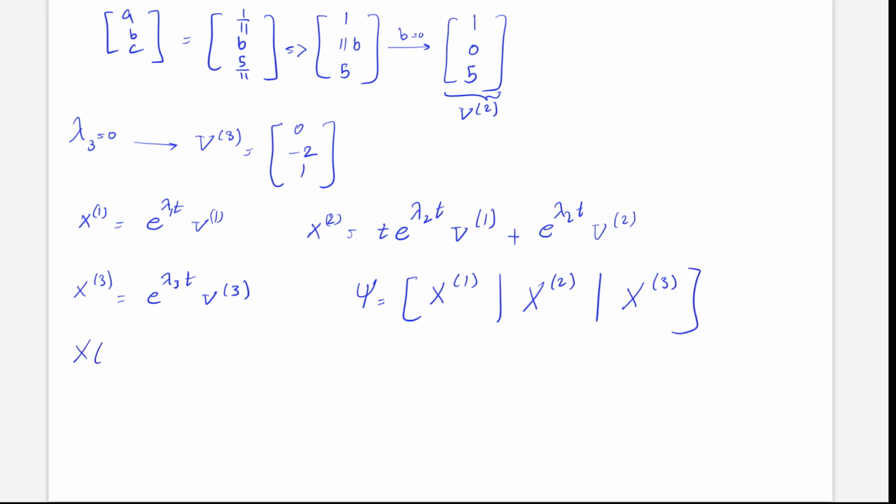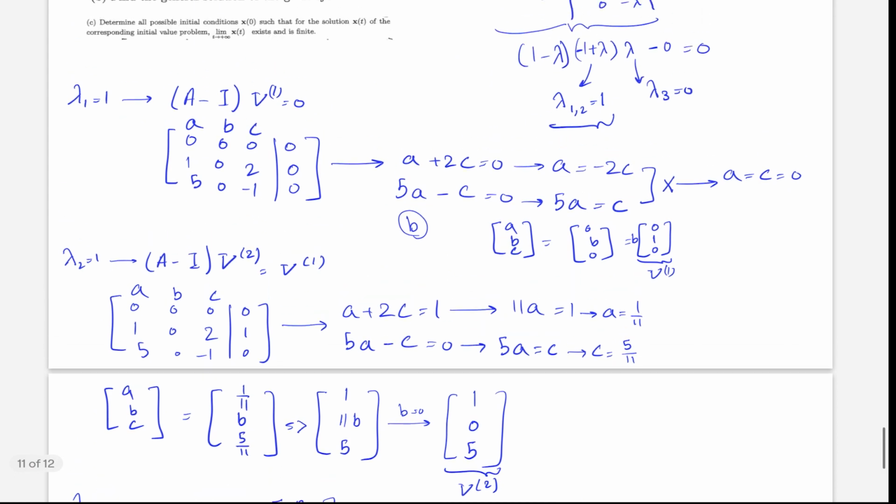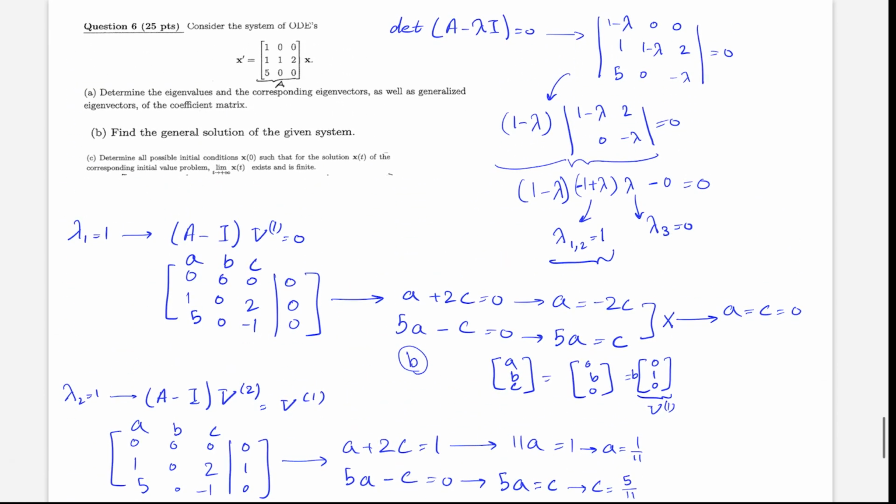And our general solution will be just these linear combinations. So it will be c1 x1, c2 x2 plus c3 x3. And this is our final and general answer. Okay.